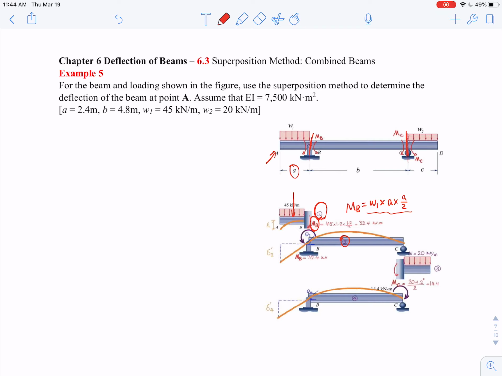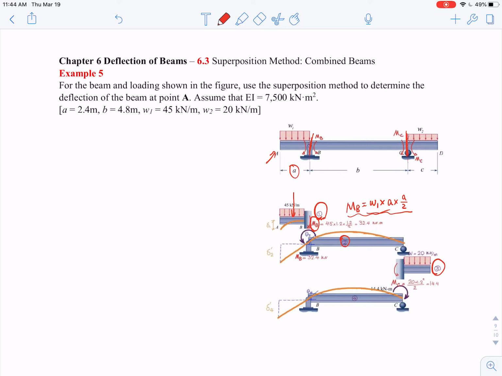So beam 2, the simply supported beam, will be subjected to a concentrated MB that can be calculated using this equation. Then on the right hand side, you have another cantilever, our beam 3, but this beam 3 will not lead to any deflection components at point A, since it's a cantilever beam, everything will stop at this fixed end.